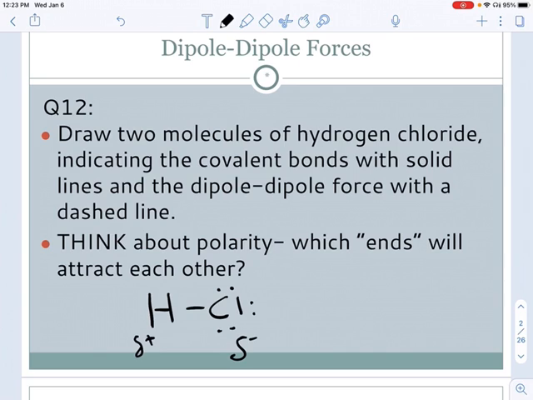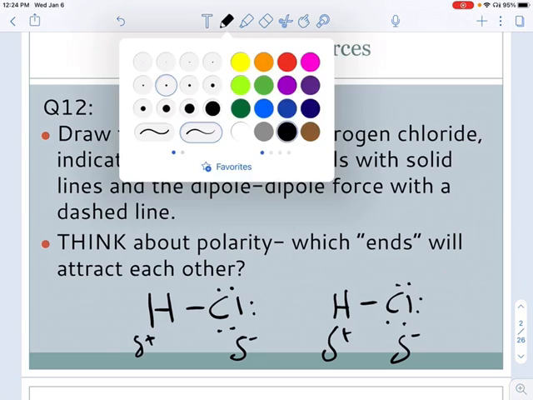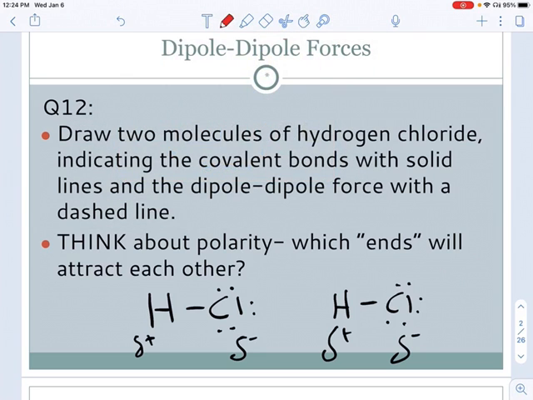Same thing here. If I were to draw a neighboring hydrogen chloride, I'd have a partial positive on the hydrogen and a partial negative on the chlorine. Because oppositely charged things attract each other, this slightly negative chlorine will attract the nucleus of this hydrogen.